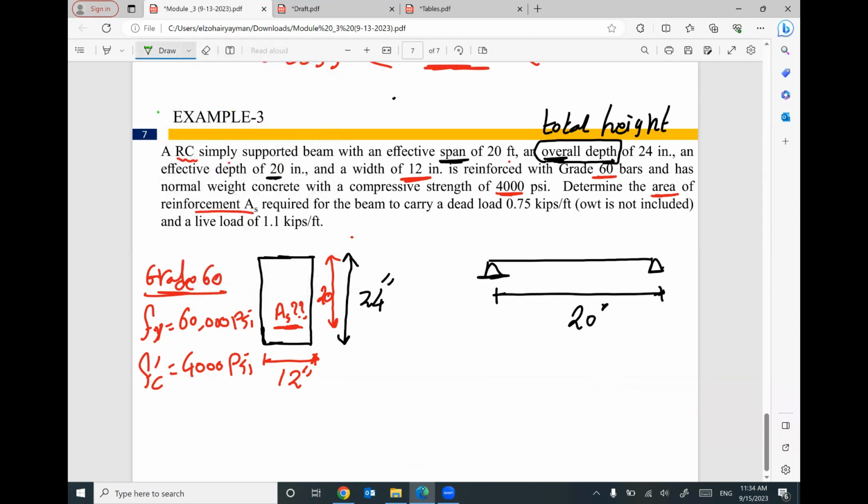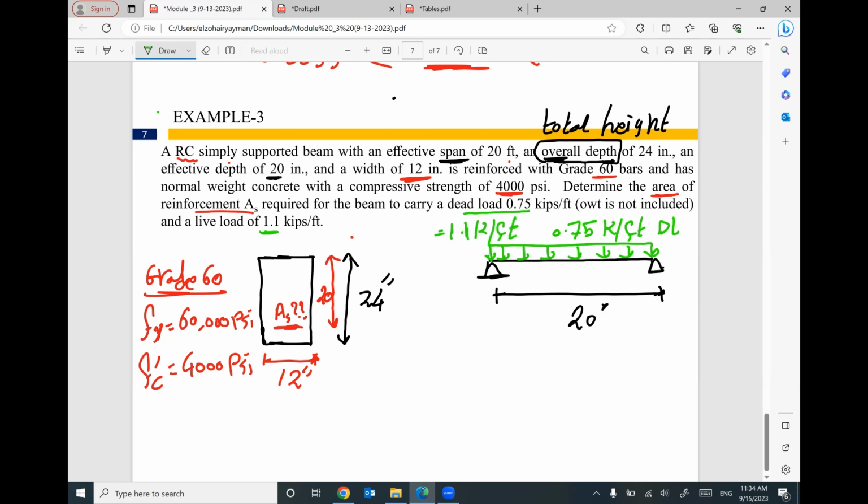To carry dead load, we are given a uniform distributed load of 0.75 kip per foot. This is your dead load. And we have 1.1 kip per foot.